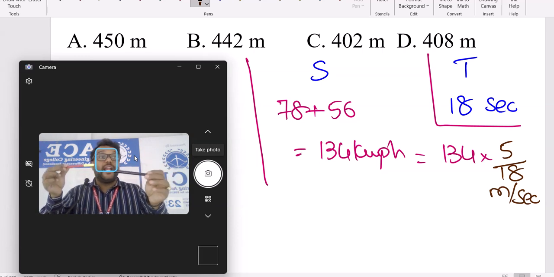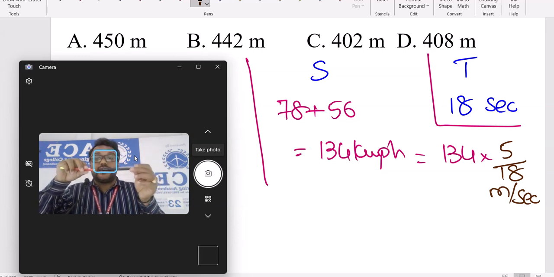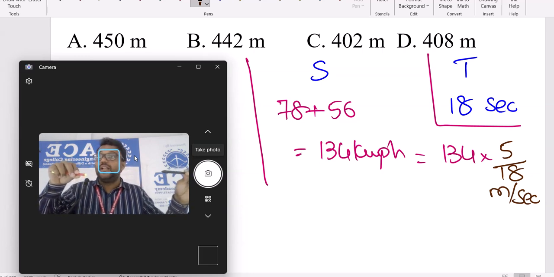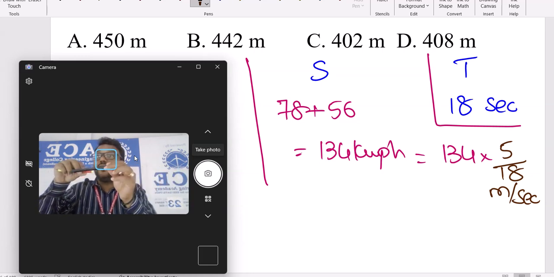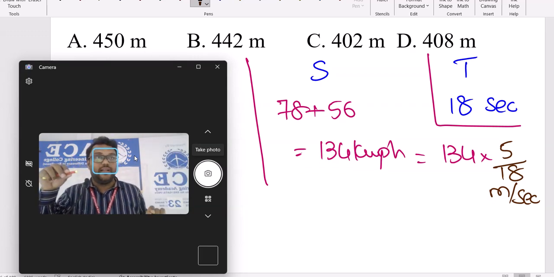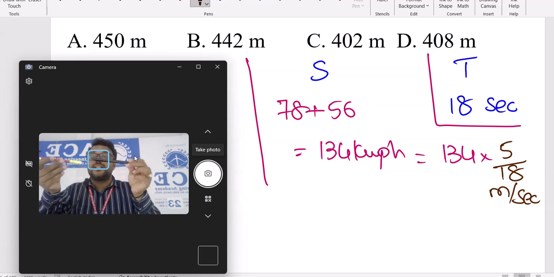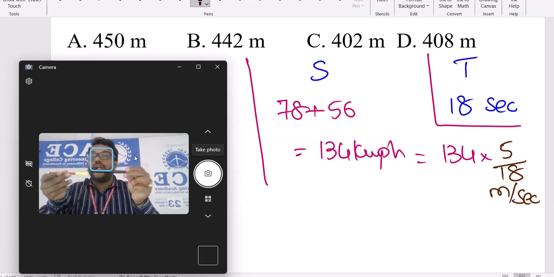Like the previous one, when a train is crossing the platform, we consider the train exactly at the platform, no gap. If there is a gap, they have to mention that in the question. Say the train and platform have a 1 kilometer gap, that 1 kilometer plus train length plus platform length we'll take. But when the question doesn't mention it, we should consider both trains exactly with no gap between them, but on two different tracks. This is track one, track two, parallel tracks.